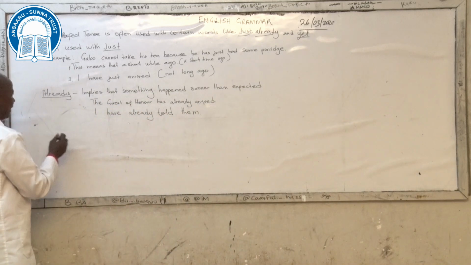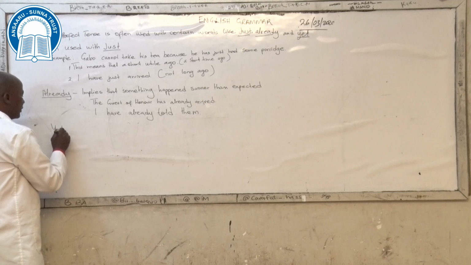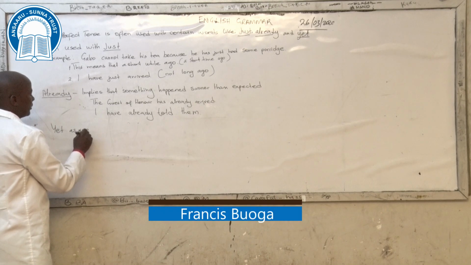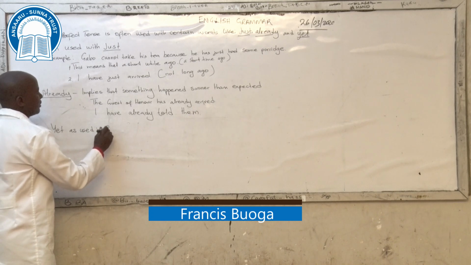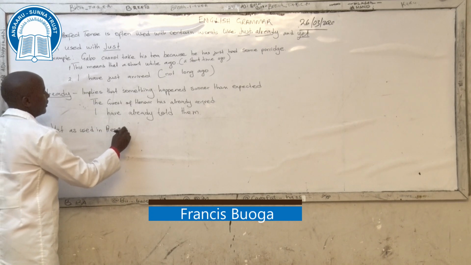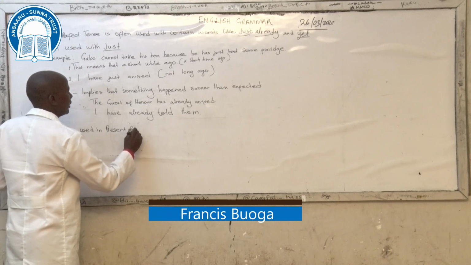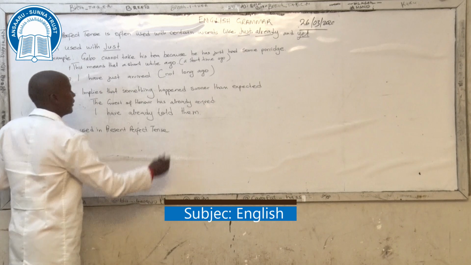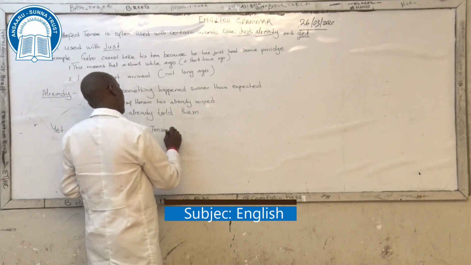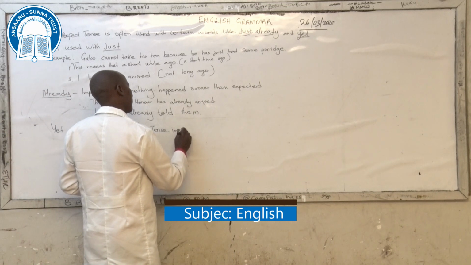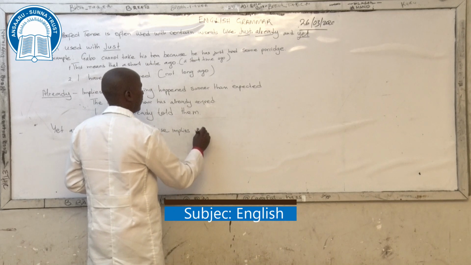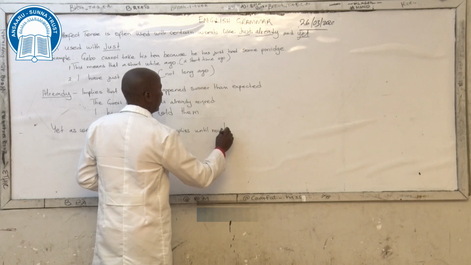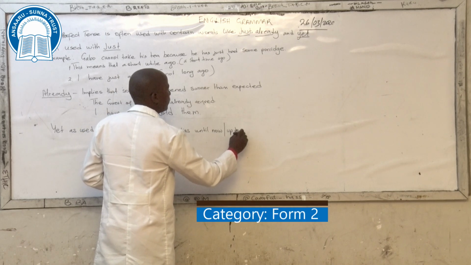So this one we can see yet as used in present perfect tense implies until now or up to now.